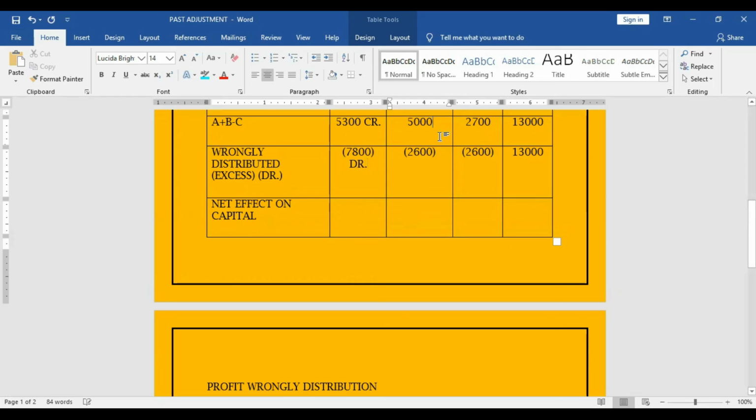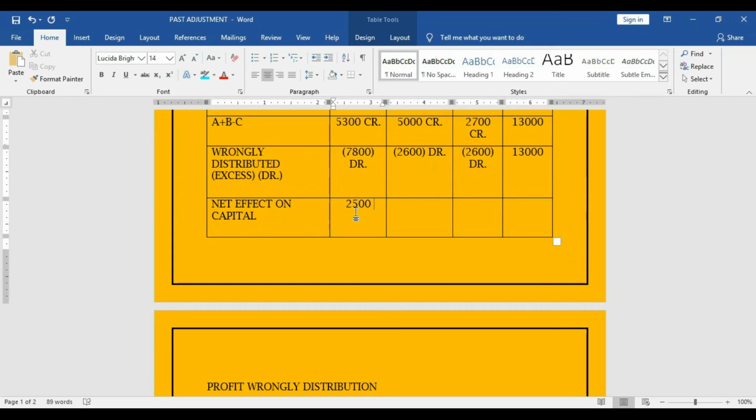And again, the credit item and the debit item. So we have to find the difference. 7,800 is the debit, 5,300 is the credit. So 2,500 is a debit.